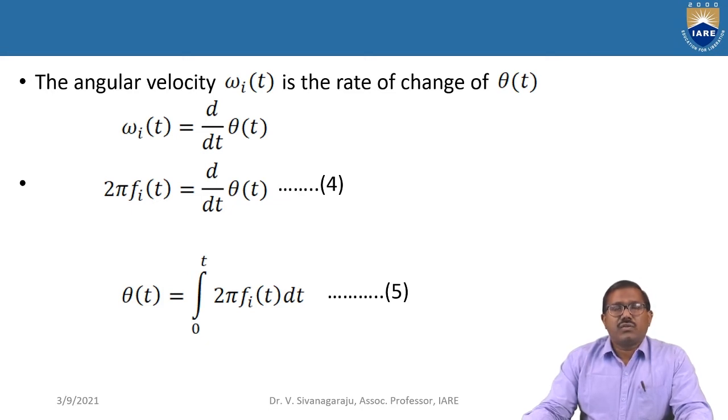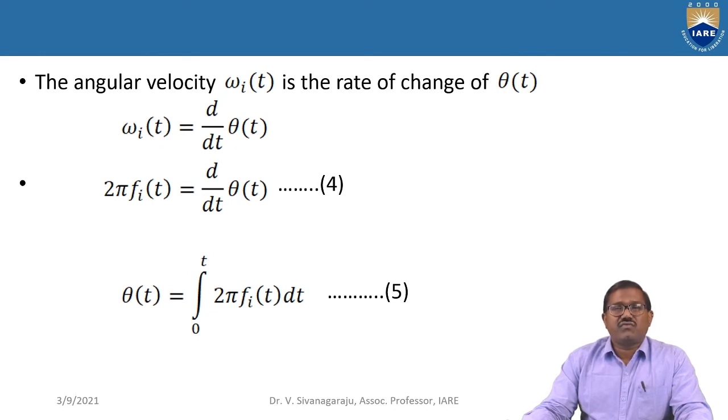Already you know the angular velocity omega i of t is equal to 2 pi fi of t. So we are going to substitute this value. So we got 2 pi fi of t equal to d by dt of theta of t.